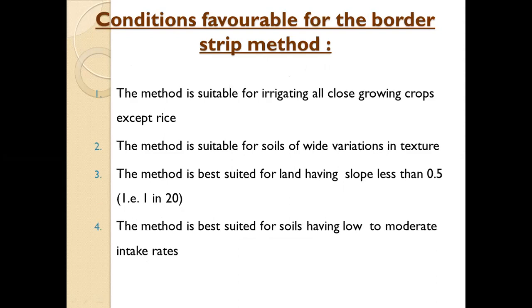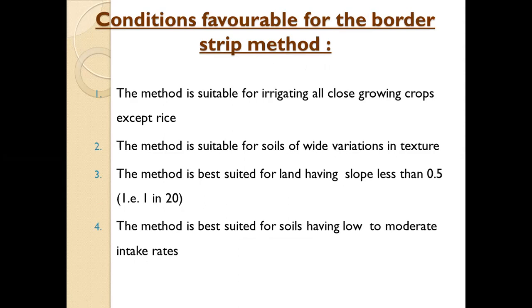Conditions favorable for the border strip method. This method is suitable for irrigating all close growing crops except rice. The method is suitable for soils of wide variation in texture. The method is best suited for land having slope less than 0.5 percent, and for soils having low to moderate intake rates.